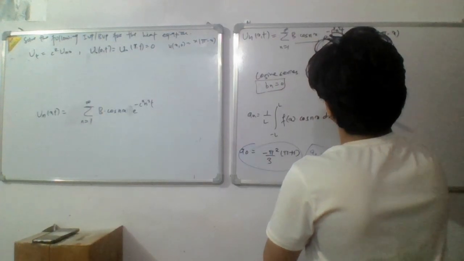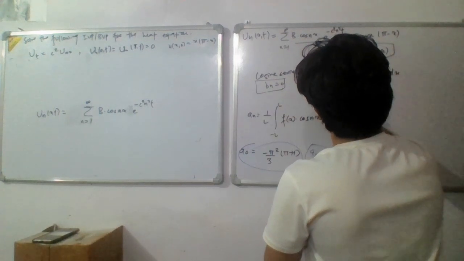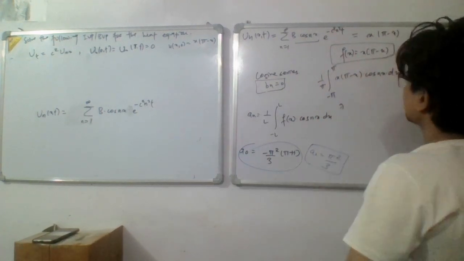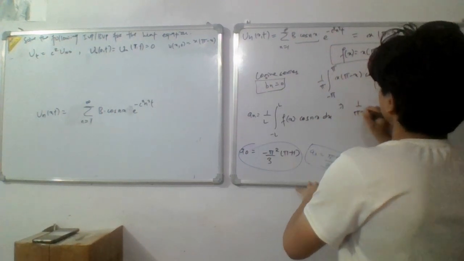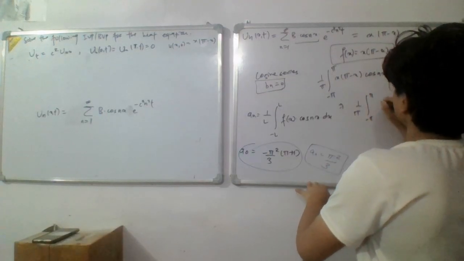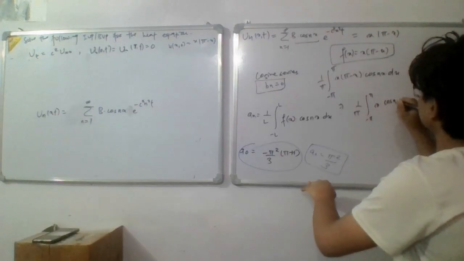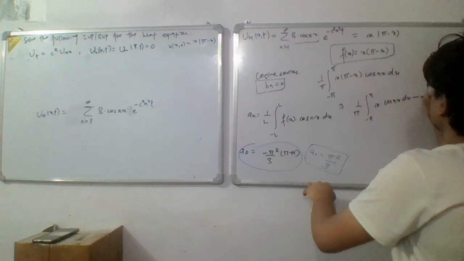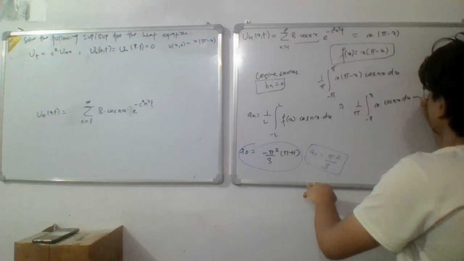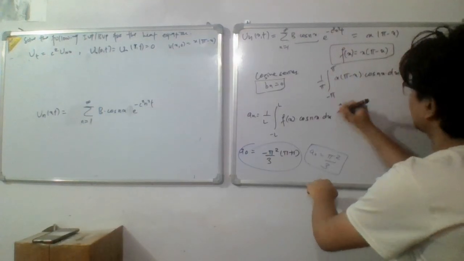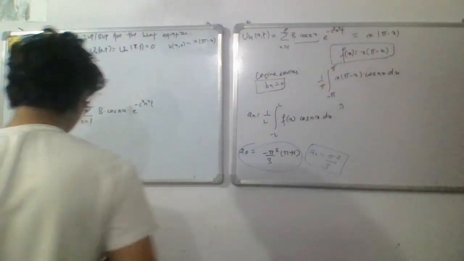L is pi, so this is 1 by pi, minus pi to pi of x cos of nx dx plus, okay, can we do that? I don't think we can do that.